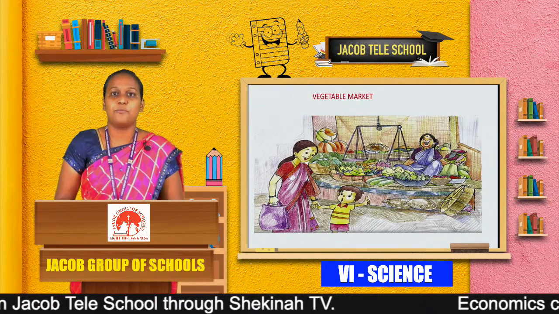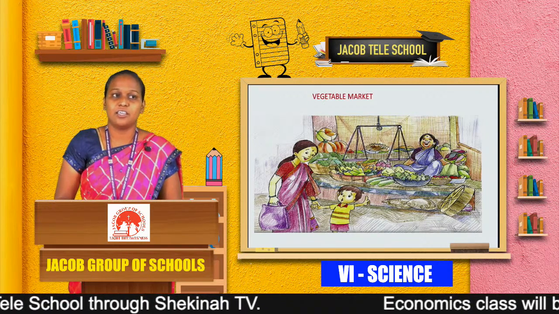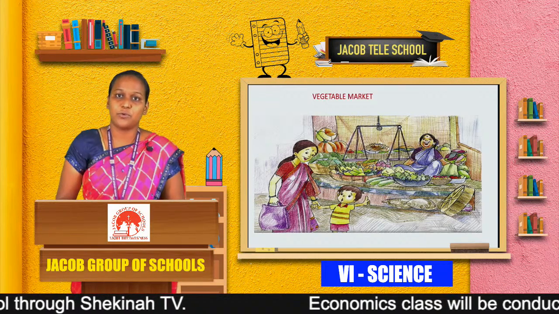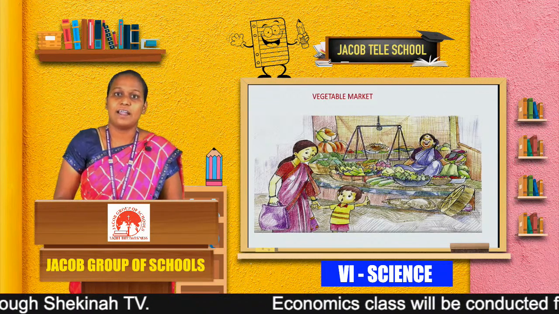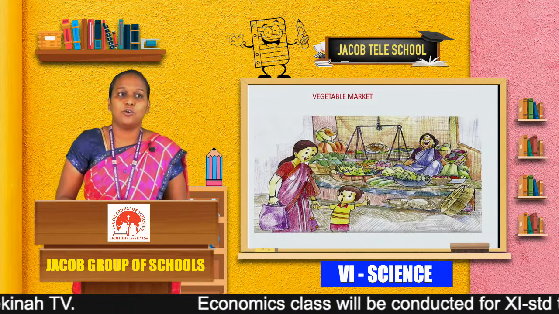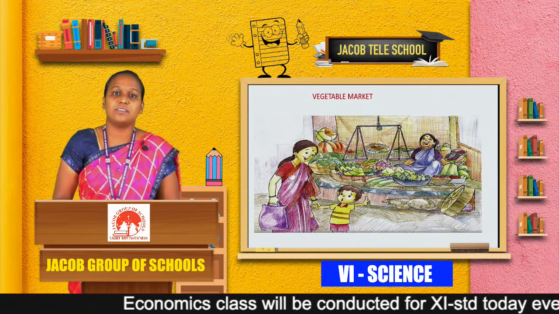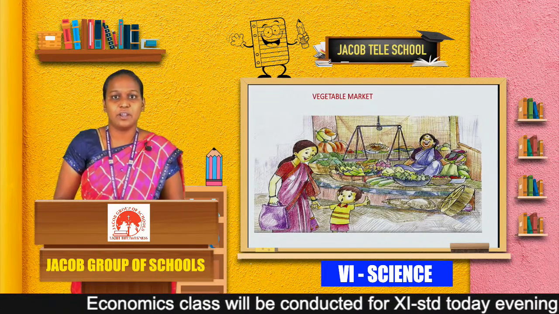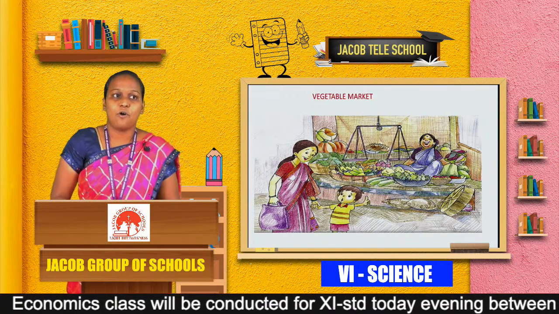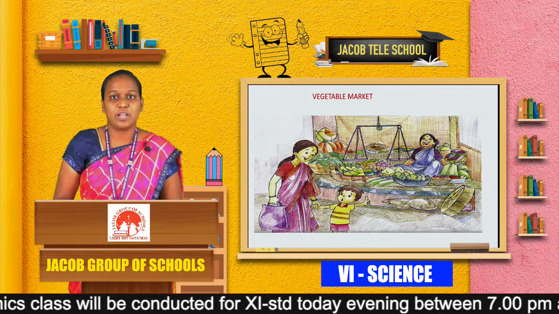Mother brought some kiranali leaves and curry leaves from the garden and gave them to Ravi, and said that curry leaves are used in cooking for their aroma, and kiranali leaves for medicinal purposes. So from this conversation, Ravi understood that vegetables are from different parts of the plant. Children, do you understand that all the vegetables we consume in everyday life are from different parts of the plant?